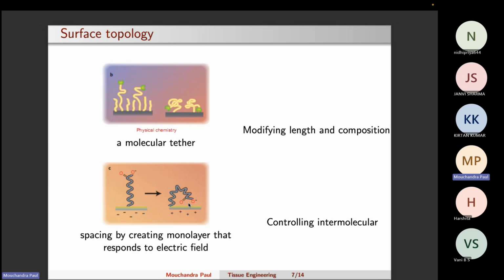Okay, and due to the change, in absence of electric field, it may not respond to any cell adhesion, but after the electric field is present, then some functional groups through which the integrin receptors can bind get exposed and the cells can adhere. So in this way, you can control the surface property by using some kind of stimulus. Okay.